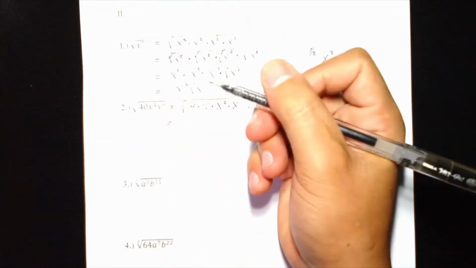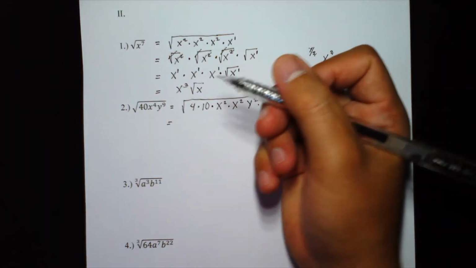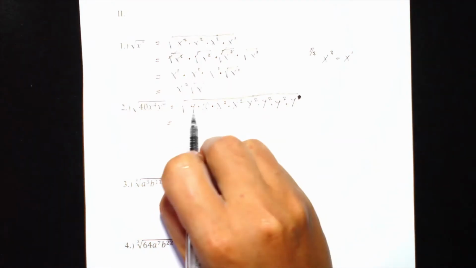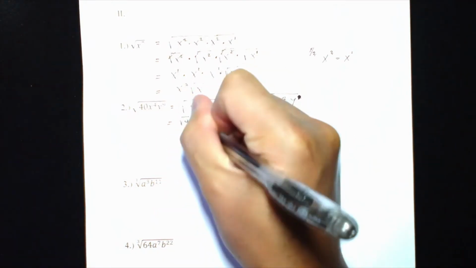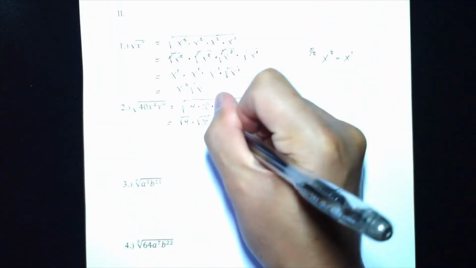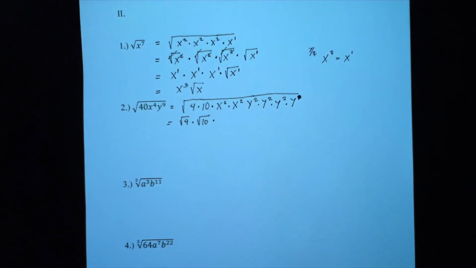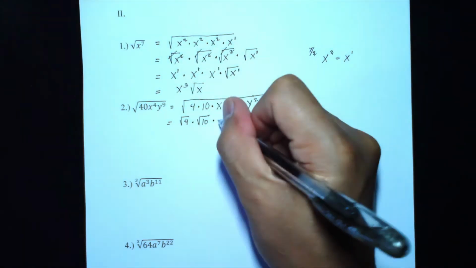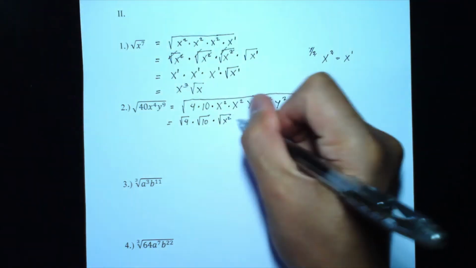Okay, so let's separate this one to be able to see the things that we need to cancel. So the square root of 4, just only separating. So we have the square root of 10, the square root of x squared.